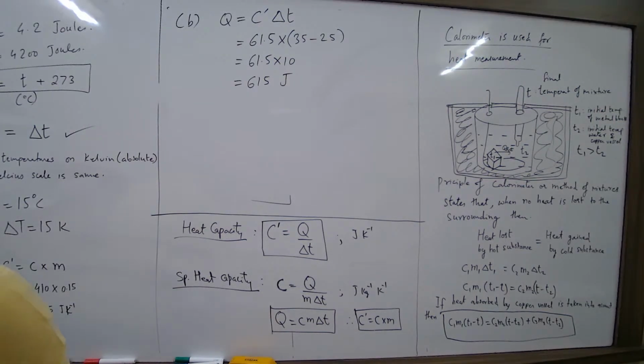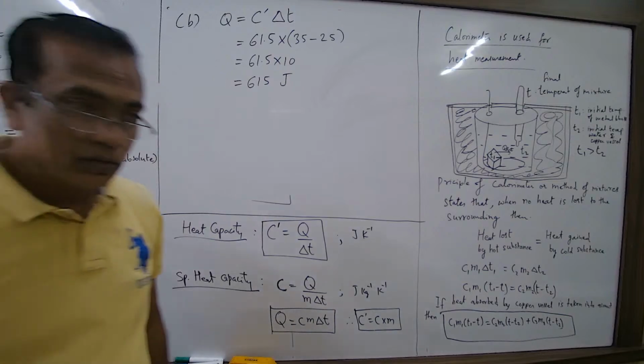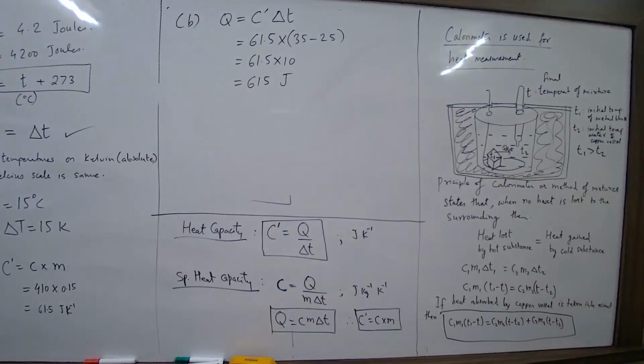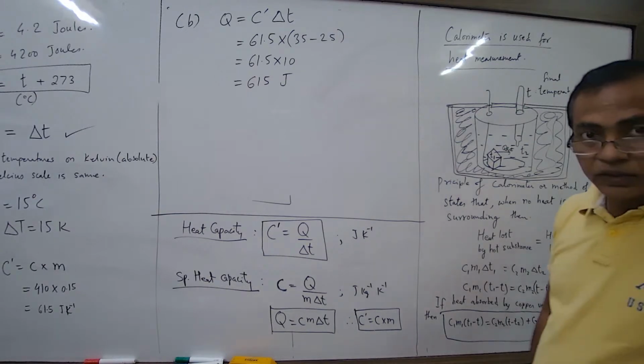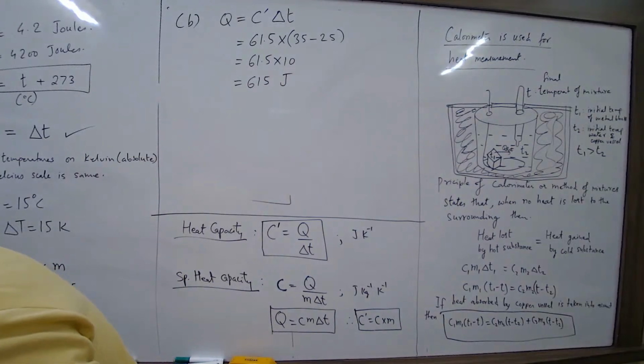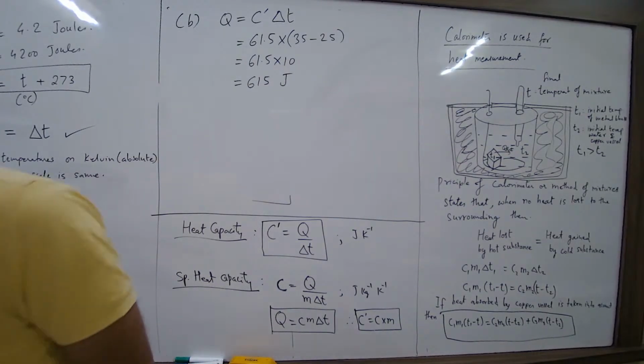Now do question 5, which goes: 1300 joule of heat energy supplied to raise the temperature of 0.5 K. So first finish this and then do that. Question 5 is the same in your textbook. Okay.